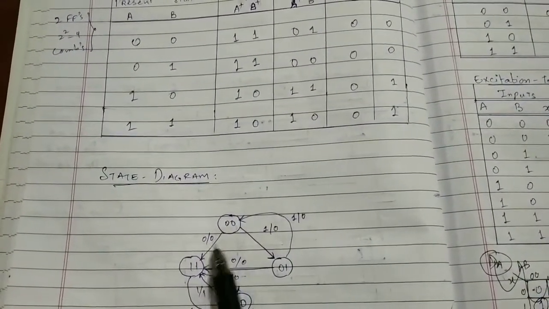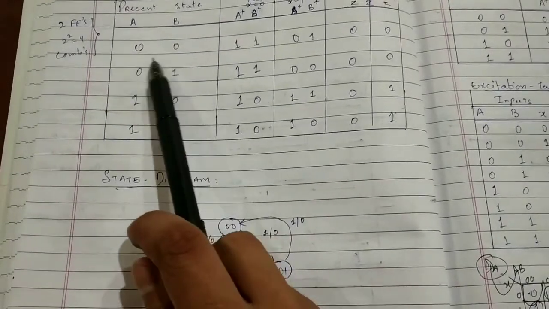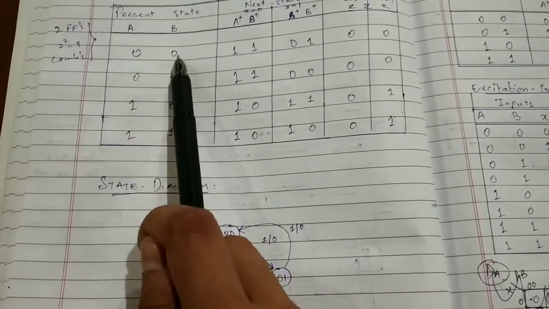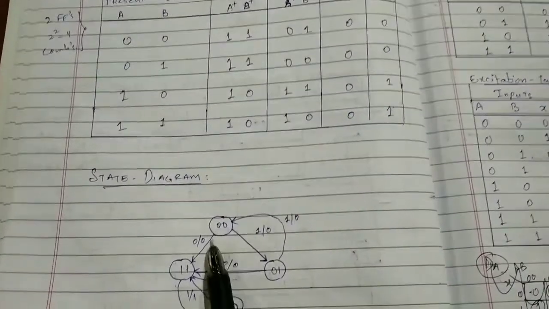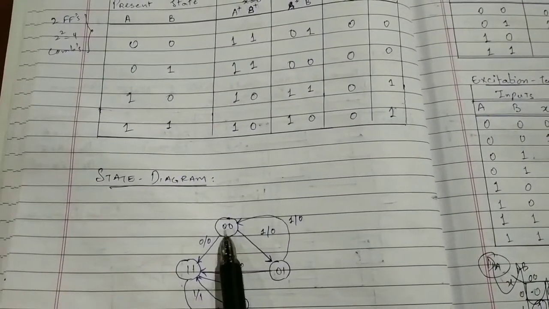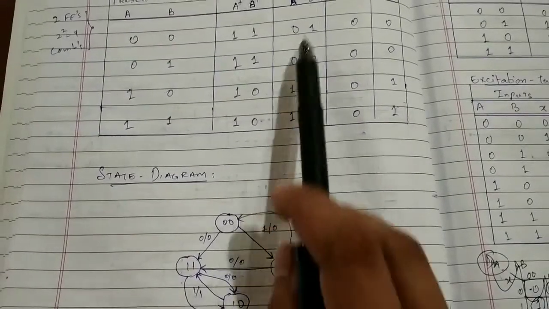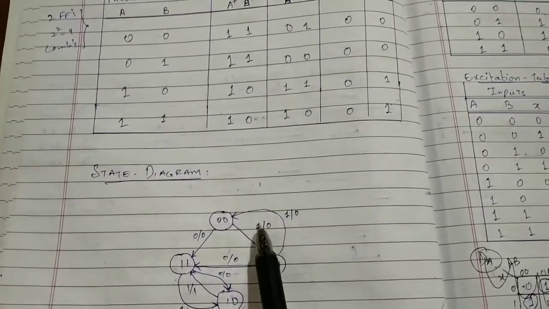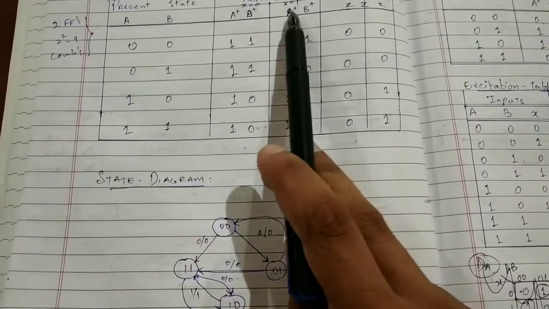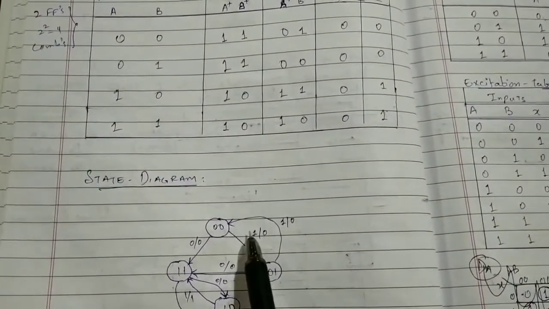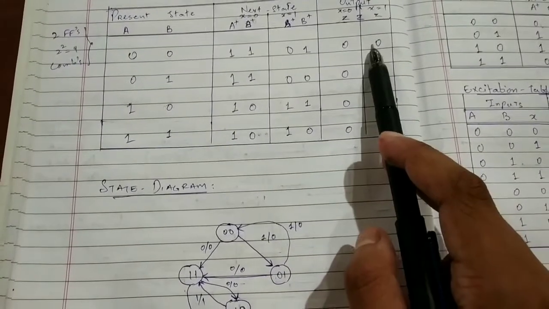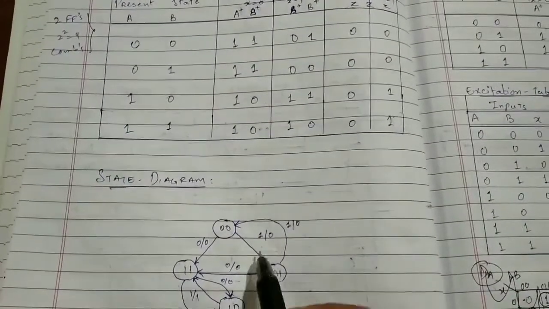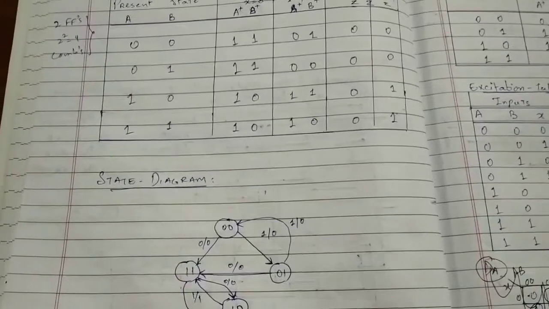When the present state is 0 0, the next state is 0 1 when input x is equal to 1. So we write 1 here, slash the output for x is equal to 1 is equal to 0, so we write slash 0.